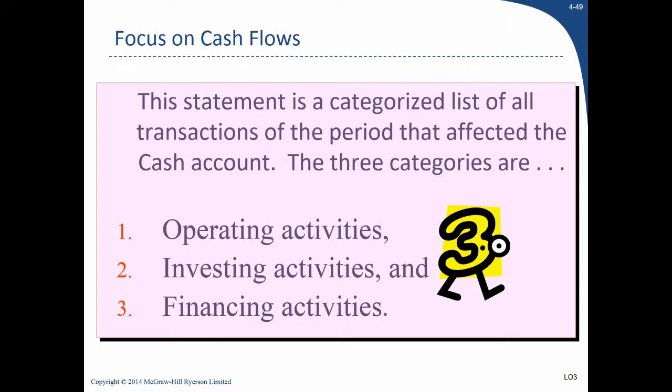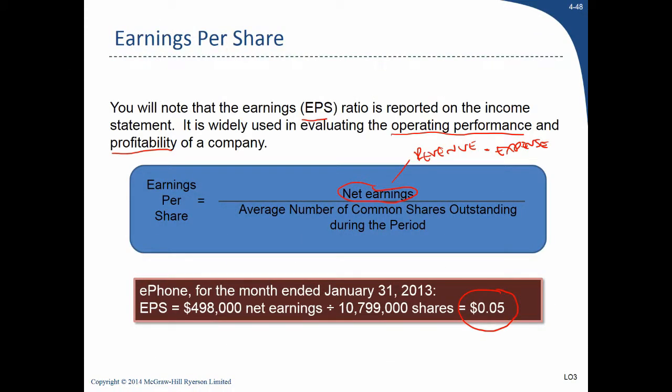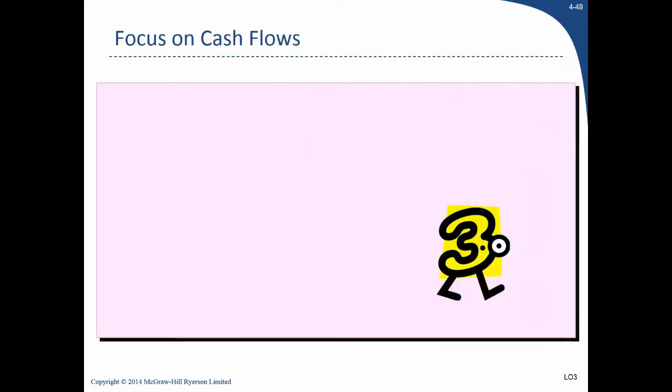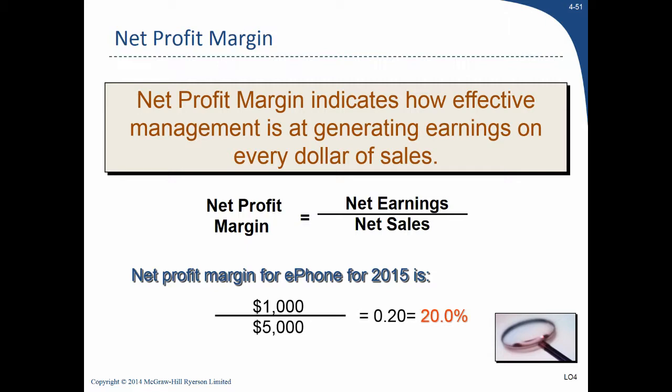That's different than this calculation, which uses an average number of common shares. This is not a dollar amount of shares. This is just a number of shares, right? This has 5 cents per share. 2 different measures, but they both sort of measure how well the business is doing, just in a different way.